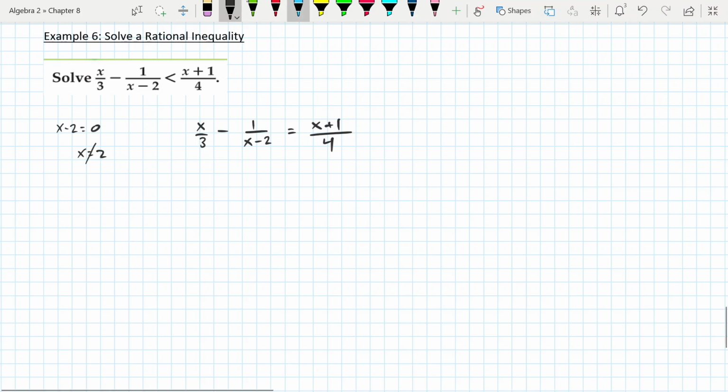It looks like my greatest common denominator here is 12 times x minus 2. I just got that by 3 times 4 times x minus 2. I know 3 and 4 don't have any common factors, so there's nothing to really reduce out there.